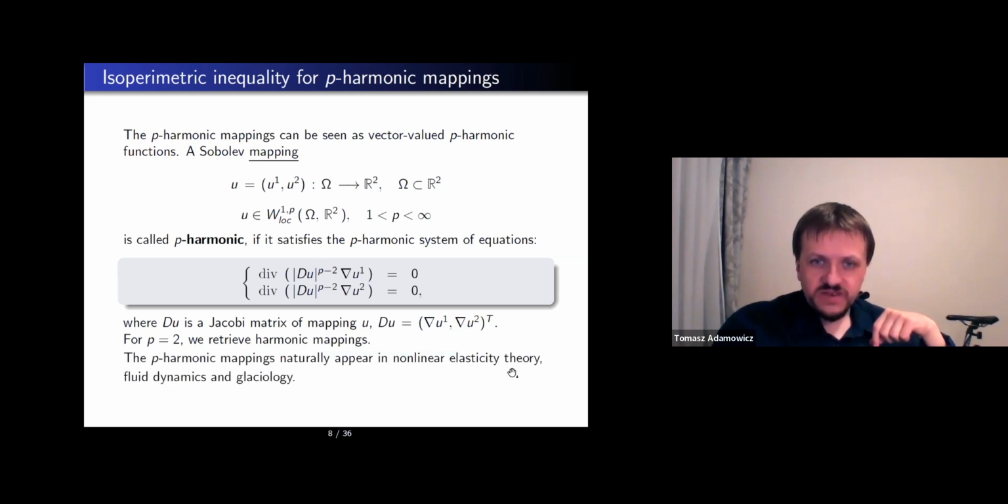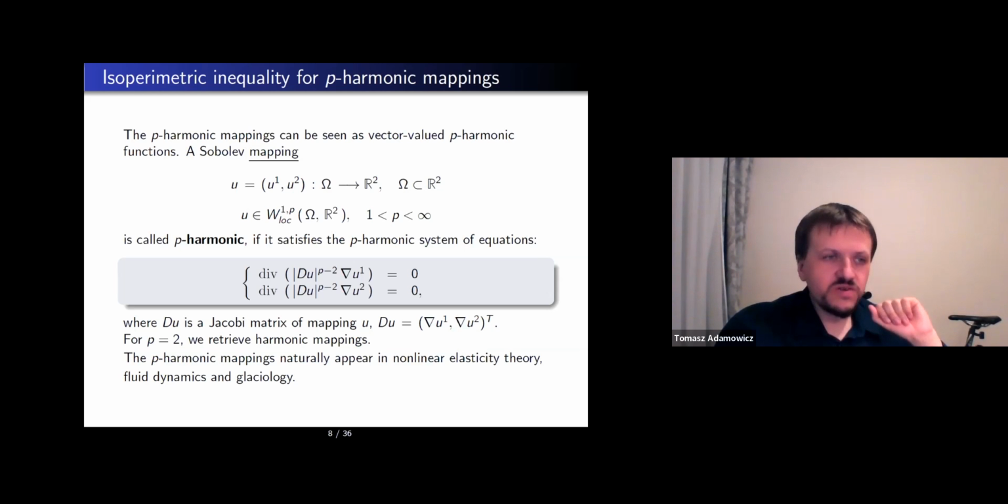And if you have never seen this notion before, let me just state that p-harmonic mappings appear in a variety of applications in nonlinear elasticity theory, fluid dynamics, cosmology, and glaciology.